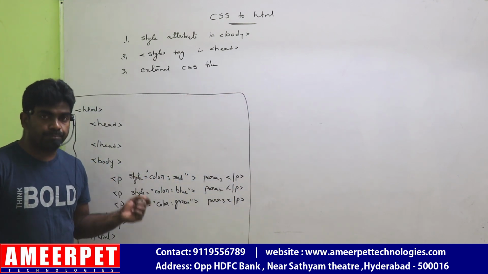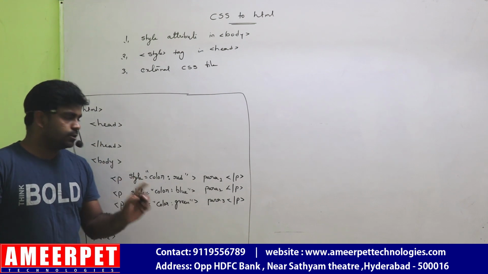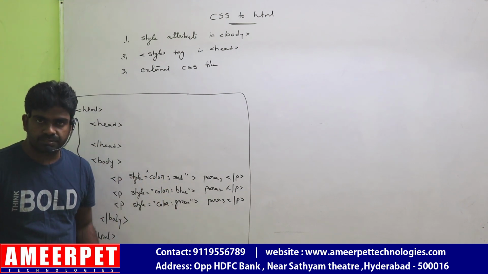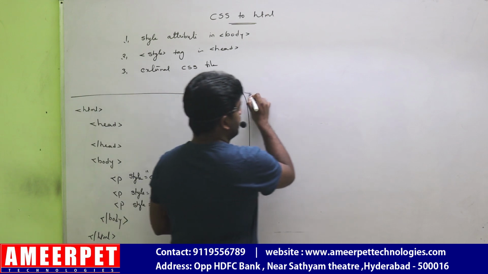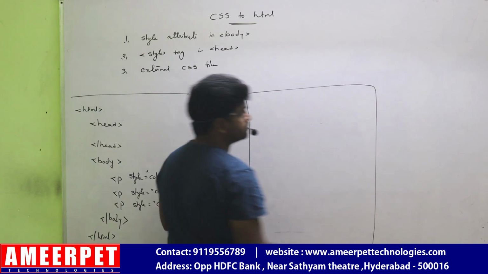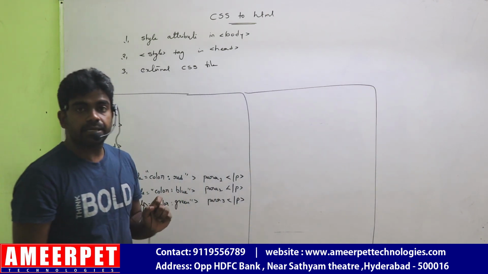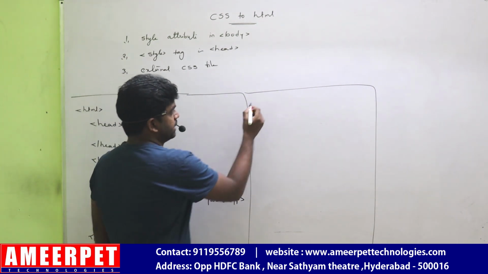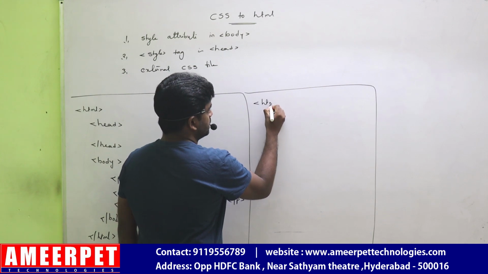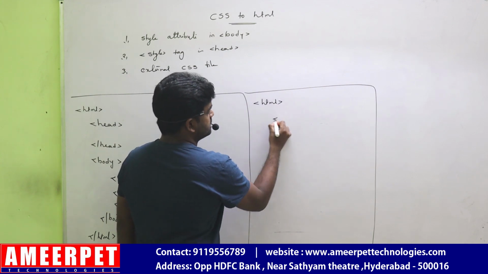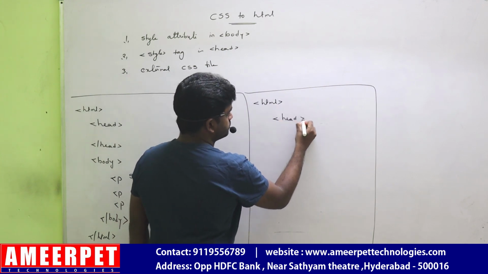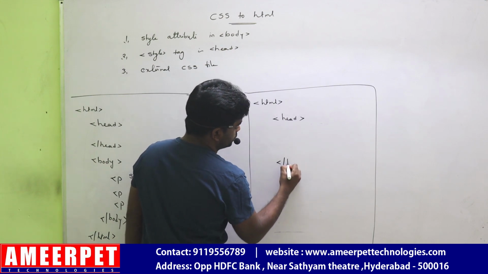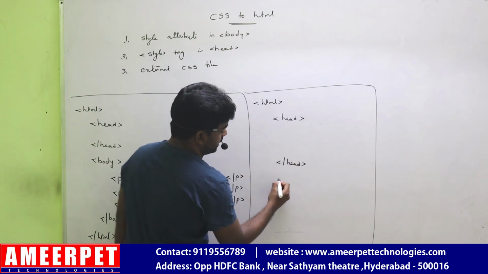Sir, I want to apply the same color to all these three paragraphs. So instead of writing the code three times, we are writing only one time, that is in head location, HTML. In head location, we are applying that.